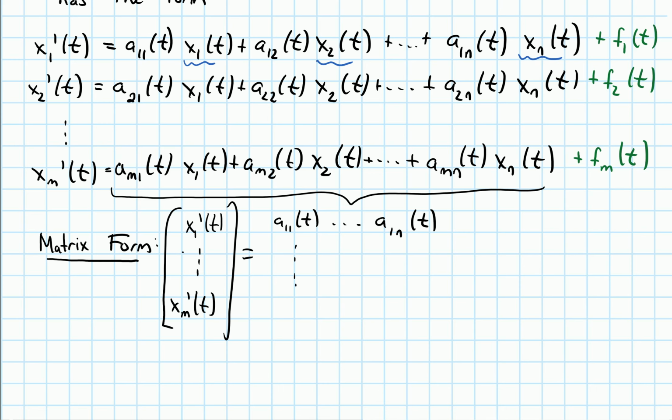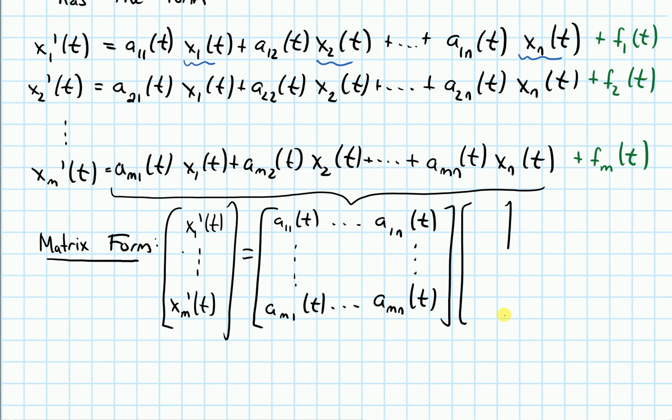So dot dot dot down until am1 of t, dot dot dot over until amn of t. There is my matrix, and that's being multiplied by the vector that has entries x1 of t, dot dot dot, up until xm of t. And then we have one more vector for all these green functions, f1 of t, dot dot dot, up until fm of t.